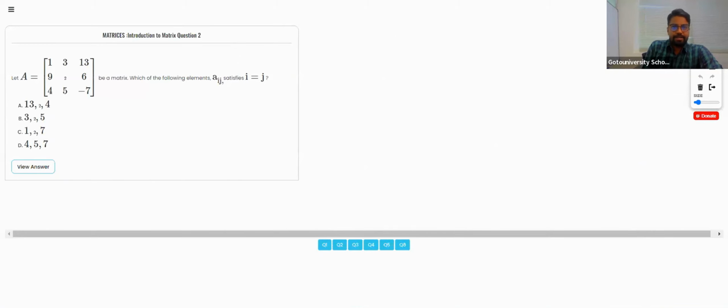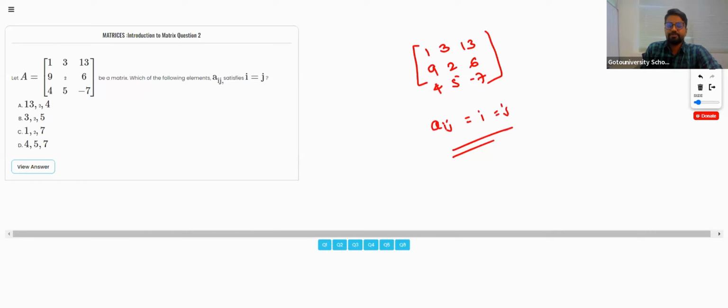So there is a matrix. I'll rewrite the matrix here: 1, 3, 13, 9, 2, 6, 4, 5, and -7. Which of the following elements Aij satisfy i equal to j? So i has to be equal to j.